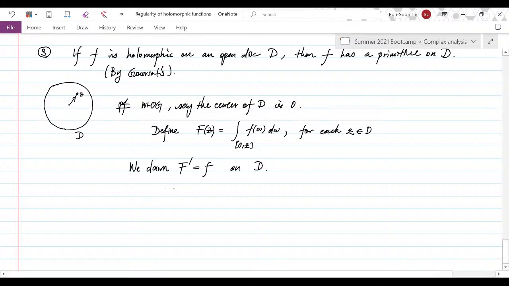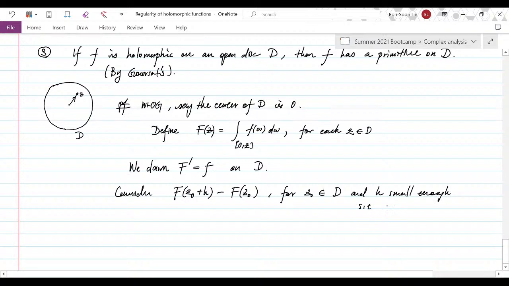So consider F of z naught plus h minus F of z naught, for z naught in D and h small enough such that z naught plus h is also in D. So we're well within this open disk.